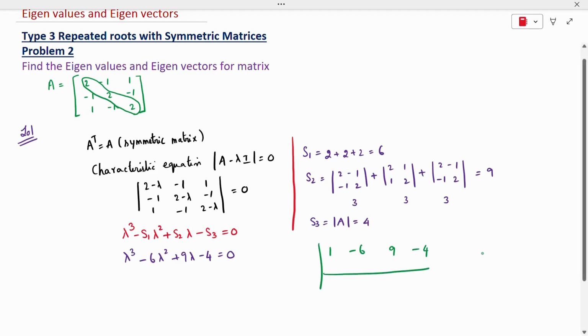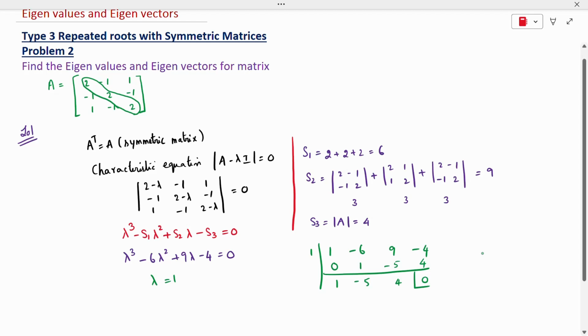I will try 1. 1, then minus 5 into 1 is minus 5, then 4, then 4 into 1 is 4, giving 0. Yes, one of the eigenvalues is 1.